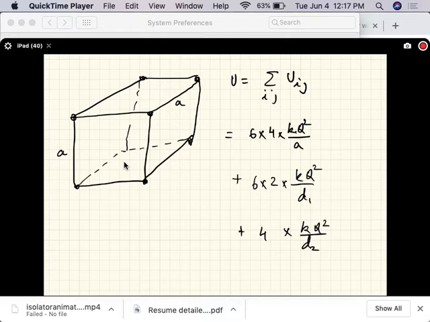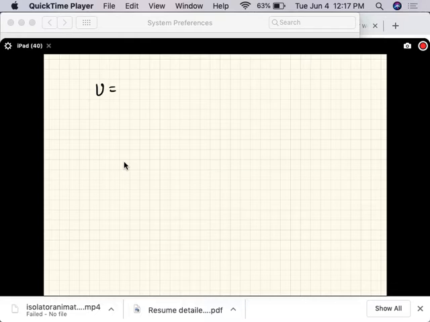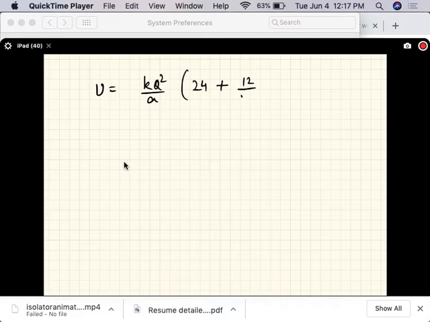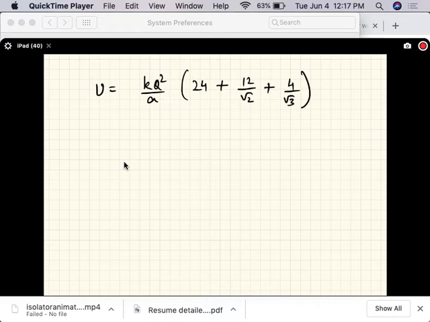All right, so the total potential energy is 24 times kQ squared by A plus 12 times kQ squared over d1, which was root 2 A, plus 4 times kQ squared over d2, which was root 3 A. Okay, so the potential energy works out to kQ squared by A times 24 plus 12 root 2 plus 4 root 3.